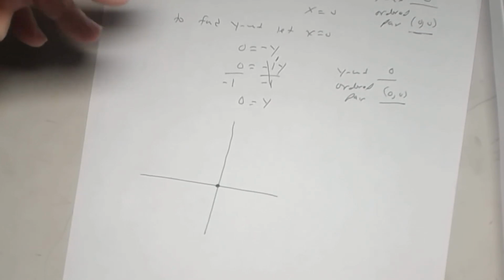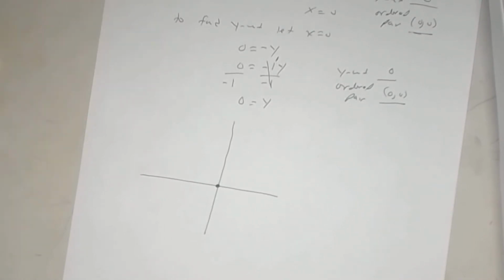But to graph a line, how many points do you need? Two. So the directions will say this as well. It'll say graph using intercepts.